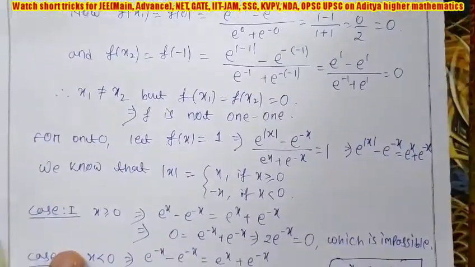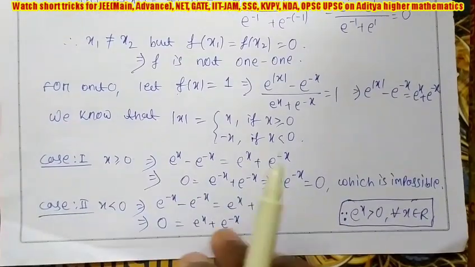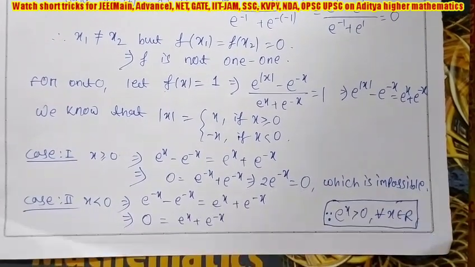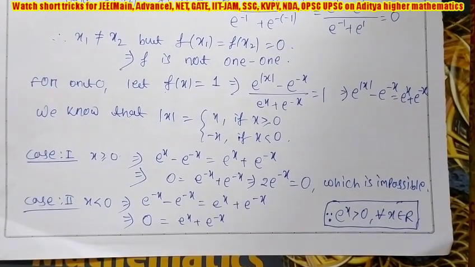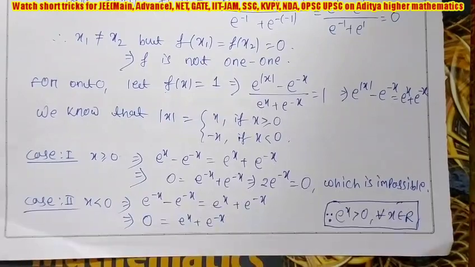Next we have to check about onto. For onto, I will take one element in the codomain and see that its pre-image is not there. Since there exists one element in the codomain which has no pre-image in the domain set, this is the trick: that function is not onto.